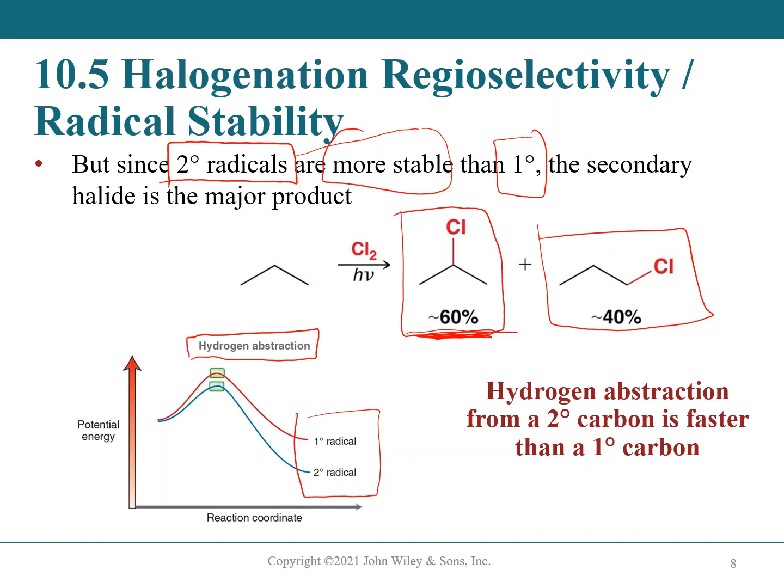In this case, the secondary radical is more stable, so the transition state leading to the secondary radical is a little lower in energy, but that energy difference isn't very large. So we do see a slight preference for the secondary over the primary, but it's not very large. It's a 6-to-4 ratio, or 3-to-2 ratio overall.